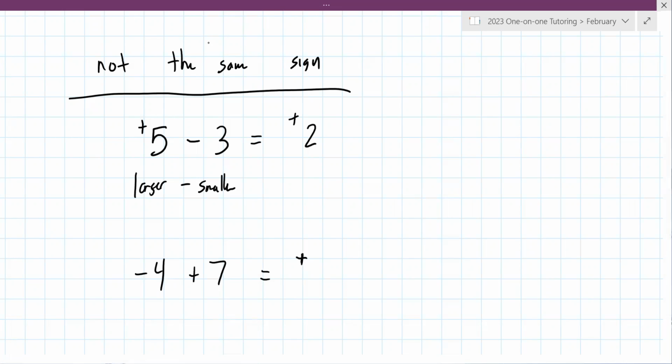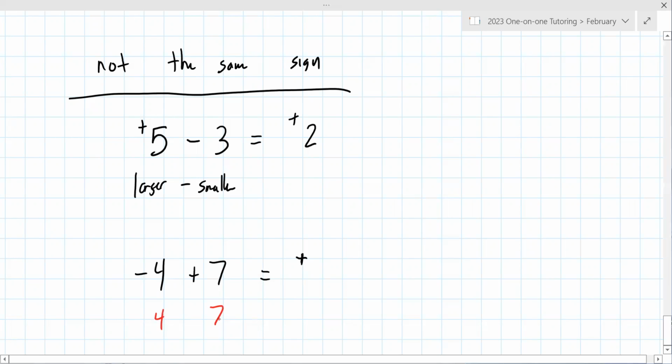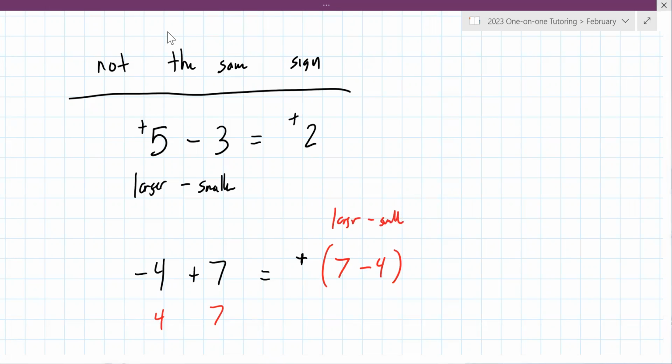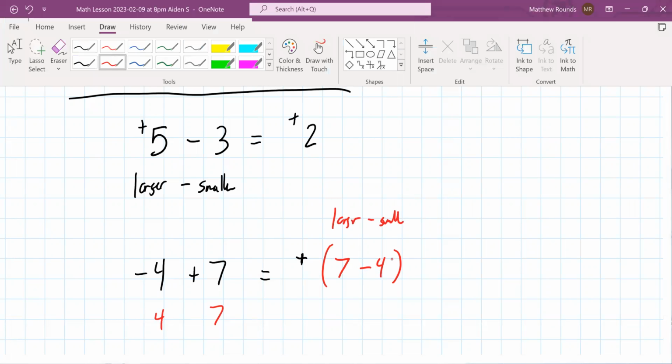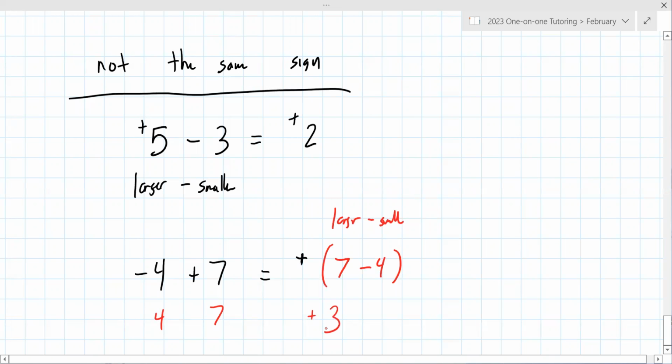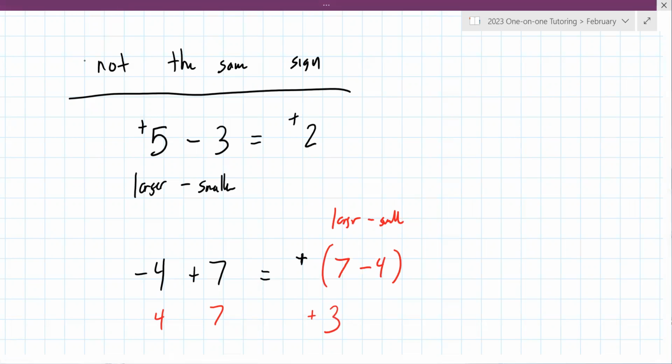Then you look at the numbers without the sign, and you take the larger and subtract the smaller. Positive 3. Okay.